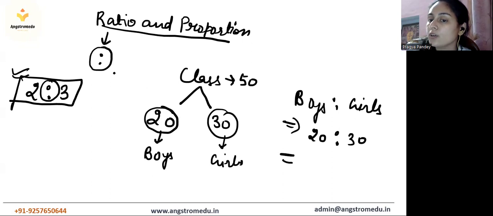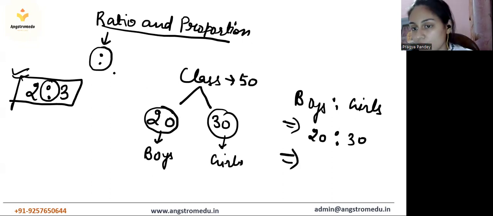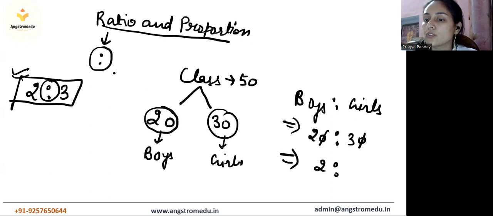Now, we can reduce this. If I write it in the reduced or simplest form, it would be 2 is to 3.